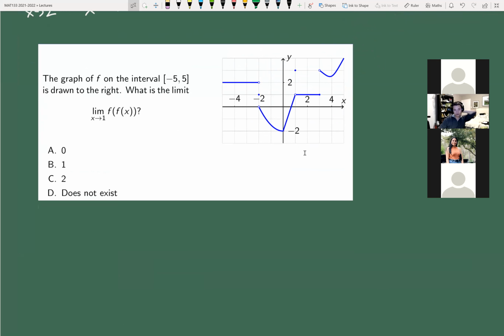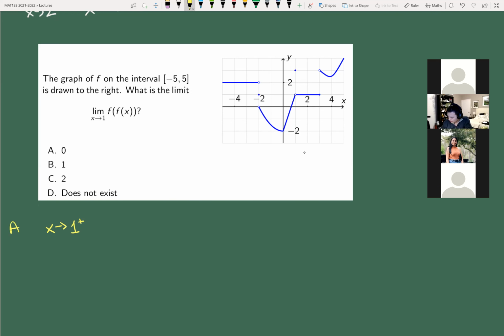Yeah, so same sort of story here, right? We've got this function on the interval -5 to 5. And we want to evaluate the limit of f of x as x approaches 1, right? So it's a very, very similar question. Again, we have to break it into two pieces, right? We want to look at what happens as x approaches 1 from the right.